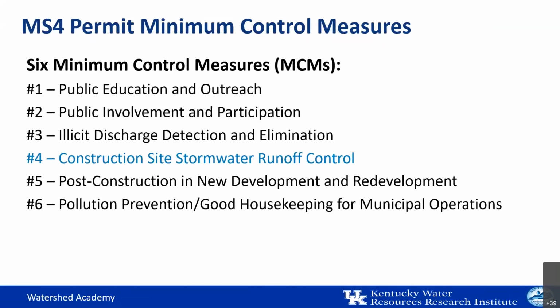And finally, MCM6 is similar to what we were just discussing with relation to the road salt de-icers. It requires permittees to implement an operations and maintenance program to prevent or reduce polluted runoff from the municipal operations.